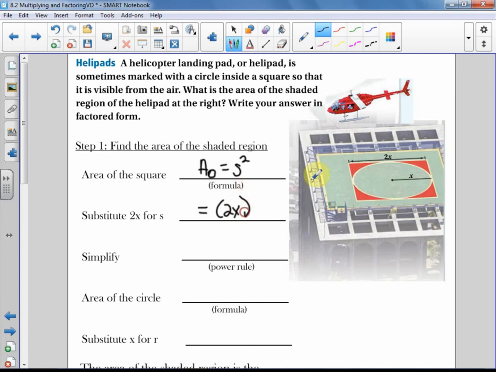So all I did was substitute the length of the side of my square into my formula, and then I'm going to square it because that is the formula of a square. Now I'm going to simplify using the power rule. So (2x) squared, I'm going to square 2, which is 4, and square my x, x squared. Remember the power rule, I need to multiply my exponents when I'm raising a term to a power.